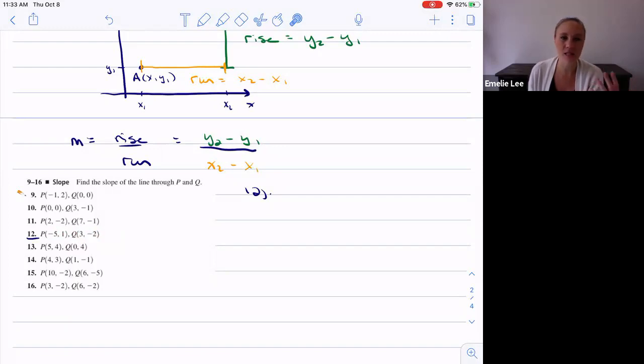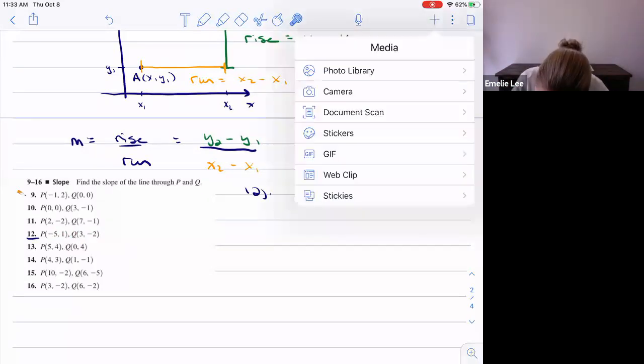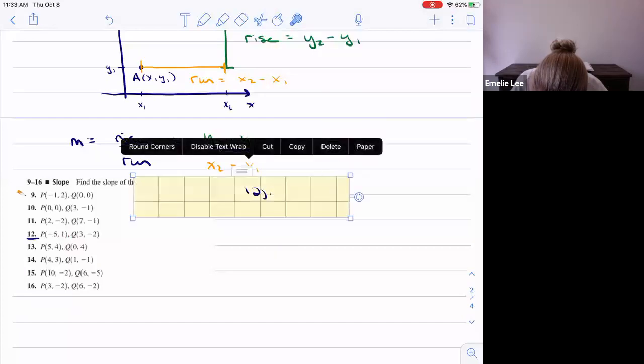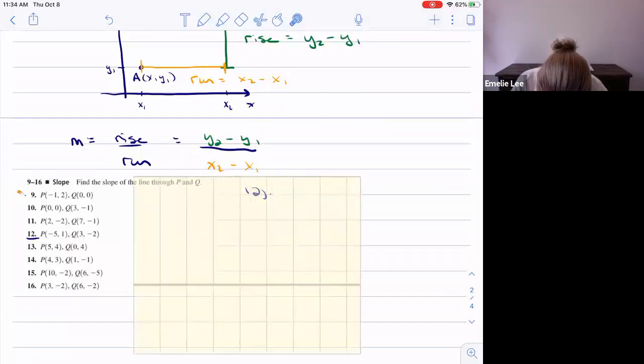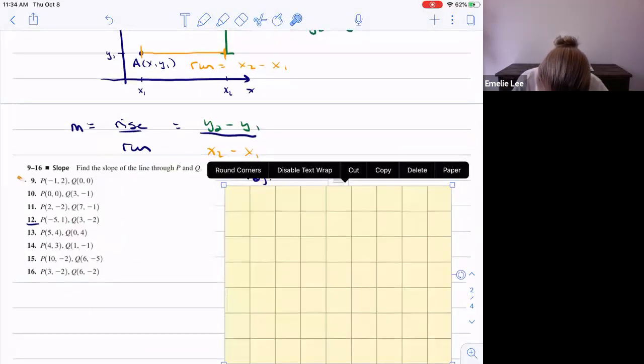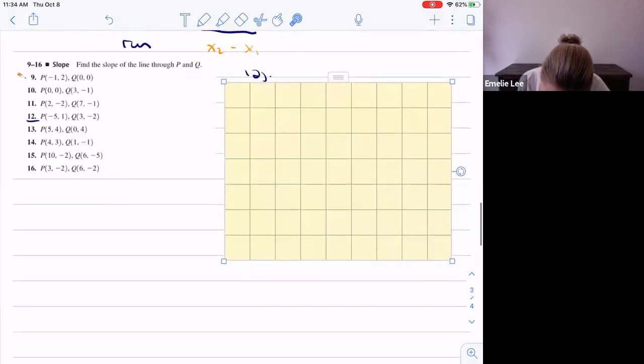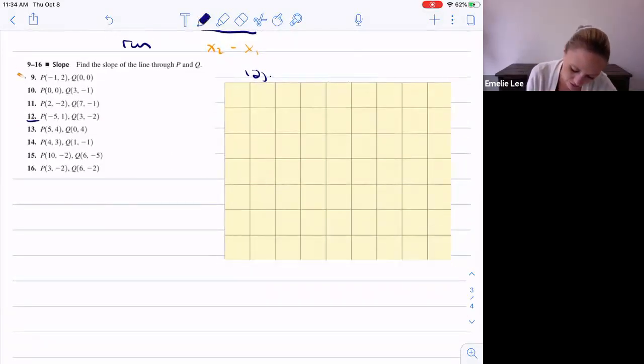But just for practice, let's plot these. Now I'm trying to remember if I can have a sticky, I want to have a grid. Maybe I can use that. I don't know if it's going to work because I need to have, so it's good to be able to look at these if you're graphing them and to figure out what you need for your axes, right?